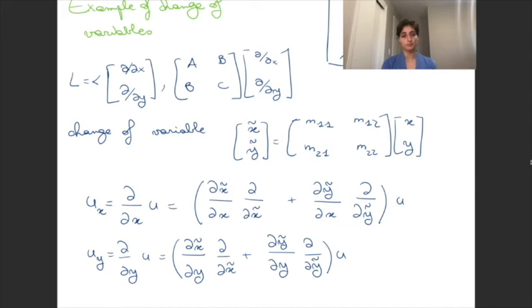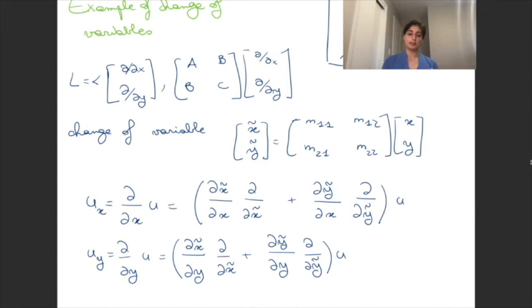We call it L, and we represent it as the inner product between ∂/∂x, ∂/∂y, and the matrix A, B, B, C times ∂/∂x, ∂/∂y. We apply a change of variables, so we want to construct x̃ and ỹ equals the matrix M composed by m11, m12, m21, m22 times x and y.